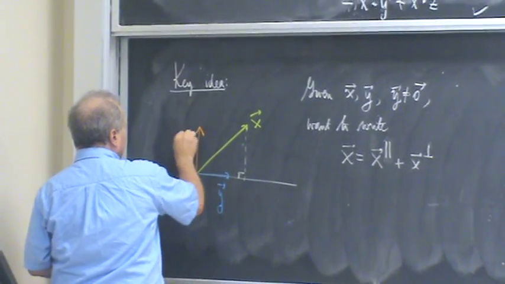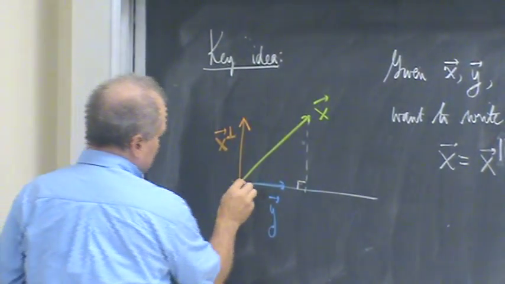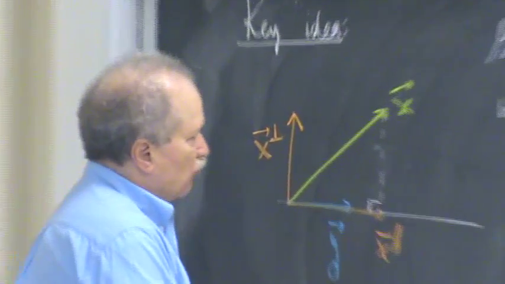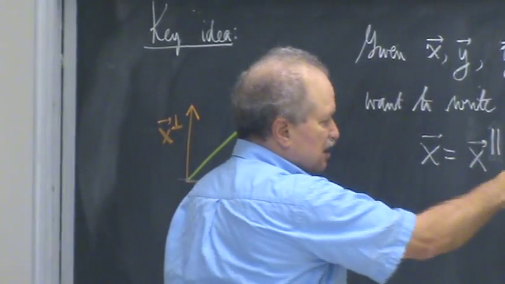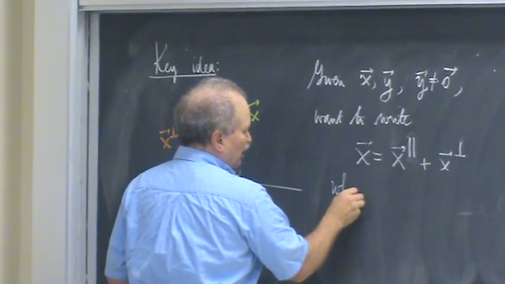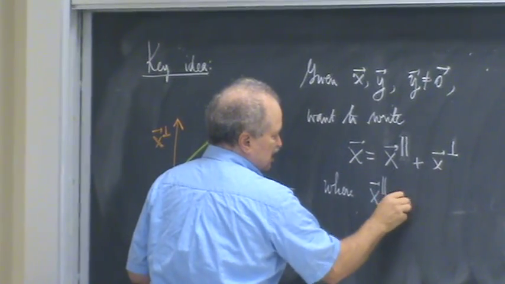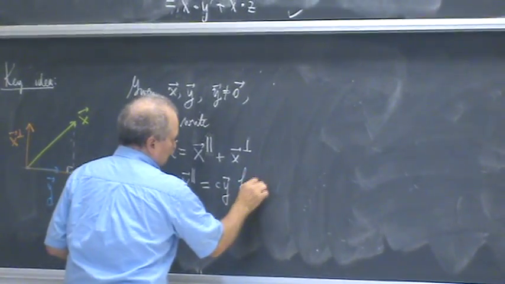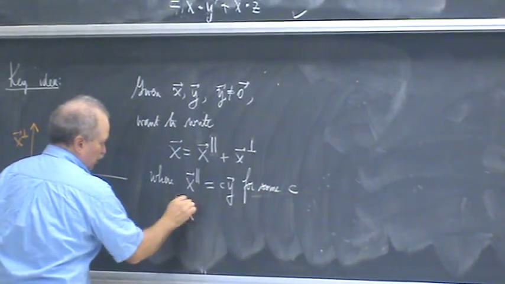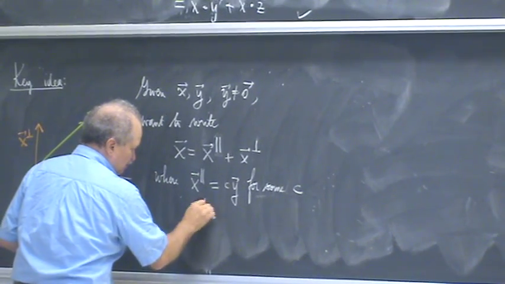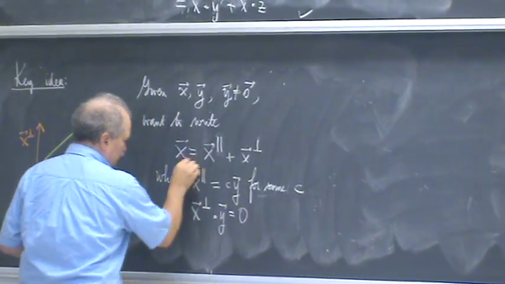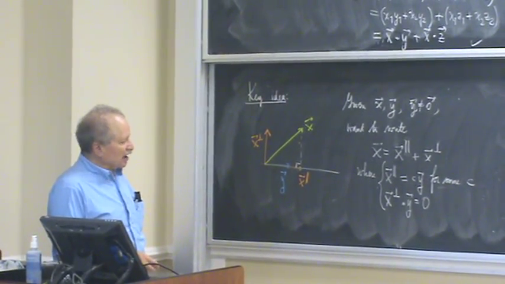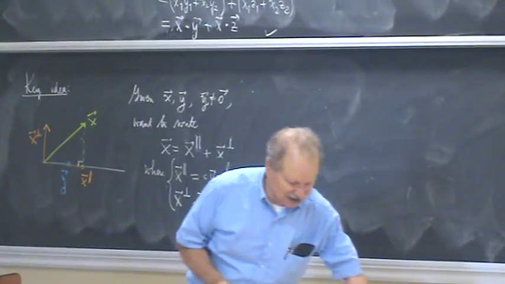So this is going to be my perpendicular piece, and this is going to be my piece that's parallel to y. So I want to write x as a sum of a parallel piece and a perpendicular piece, where x parallel is some scalar multiple of y, and x perp is orthogonal to y. And for those of you who are getting tired of all these letters, I am going to do a numerical example in a few minutes.